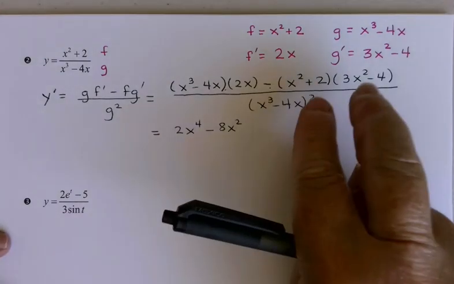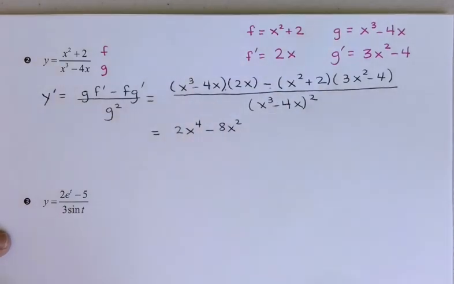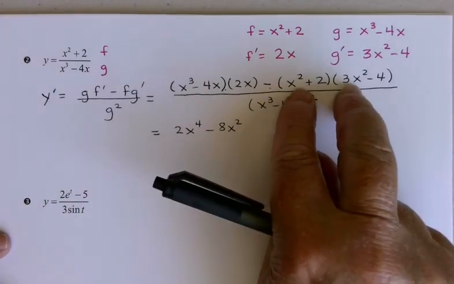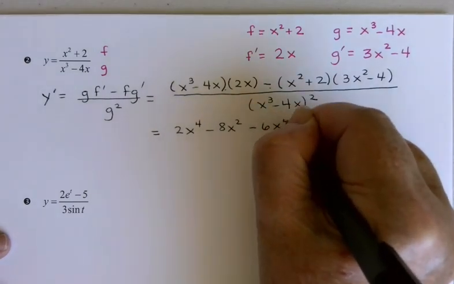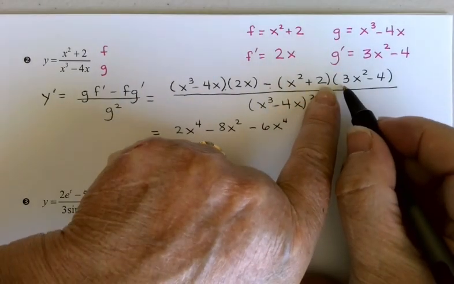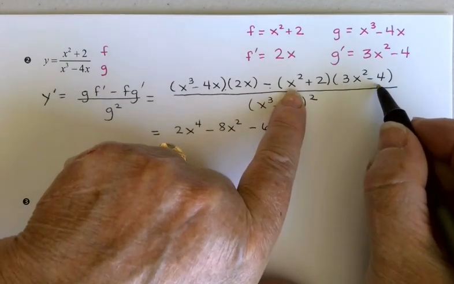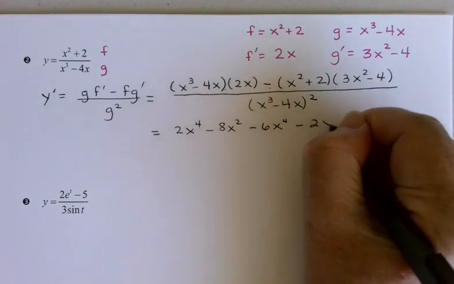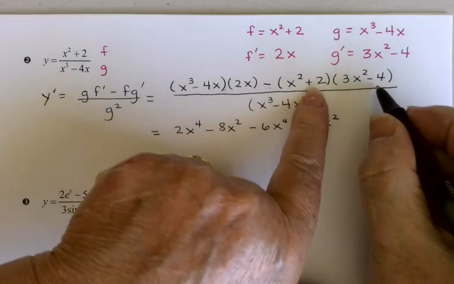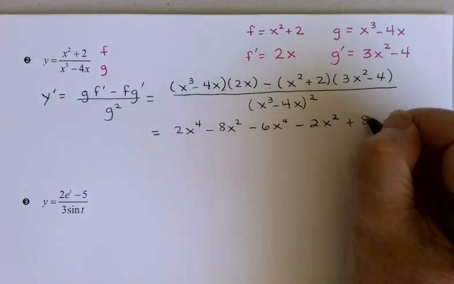And let's see if we can wrap our brains around a FOIL process and distributing a negative at the same time. We'd have 6x to the 4th, which will be negative. And then I have a 6x squared minus 4x squared. So that'd be 2x squared, but negative. And then a negative 8, but with that negative it makes it a plus 8.